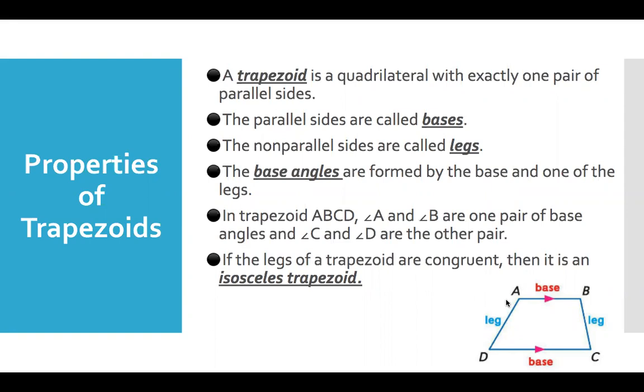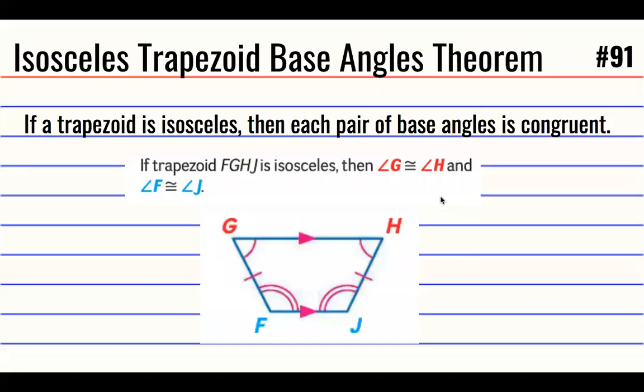So if the legs of a trapezoid are congruent, then it is an isosceles trapezoid. So if the sides that are not parallel are congruent, then it is an isosceles trapezoid. So first card. If a trapezoid is isosceles, then each pair of base angles is congruent. So here's trapezoid FGHJ.